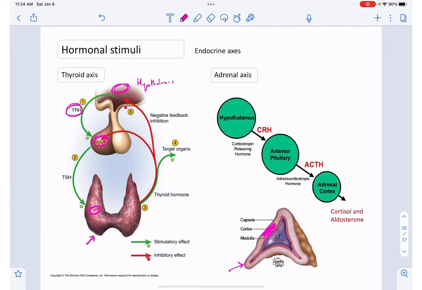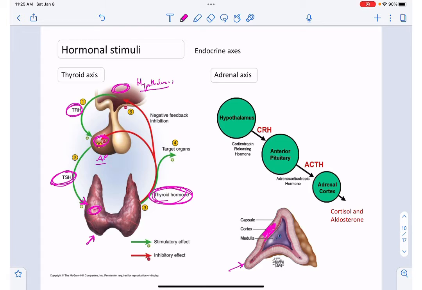TRH is going to act on the anterior pituitary, and in response the anterior pituitary is going to release a hormone called TSH, thyroid stimulating hormone. Then TSH is going to act on the thyroid gland and cause the release of thyroid hormone. So the thyroid gland is releasing thyroid hormone in response to a hormonal stimulus. And this is part of this larger axis. It's called the hypothalamo-pituitary thyroid axis. And we'll get into this in more detail coming up.